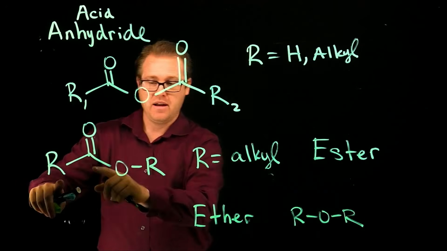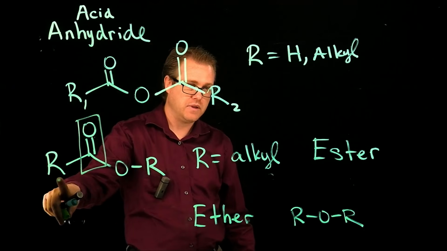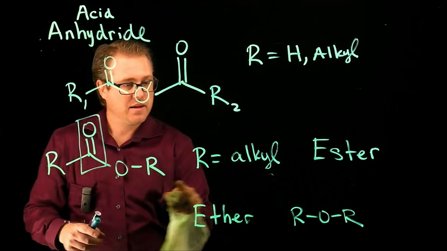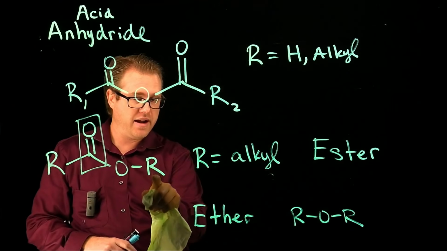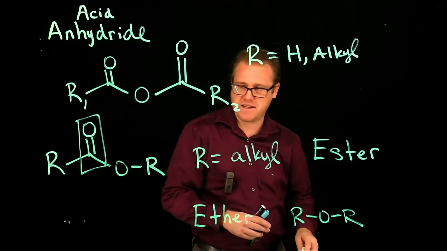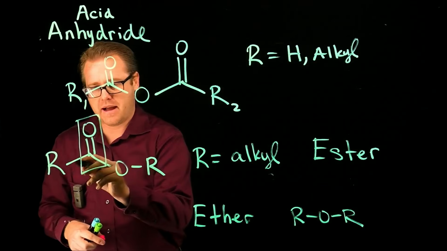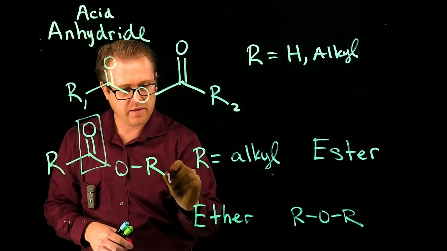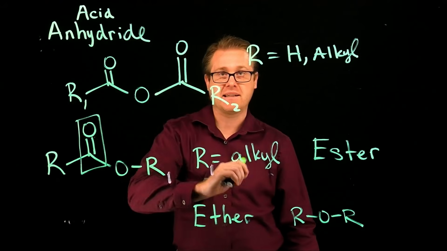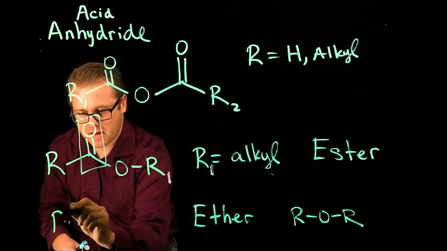An ester has a carbonyl group. Now, why is this so important? Let's distinguish that R right there. So we will call this R1, okay? R1 has to be alkyl because look at what happens.